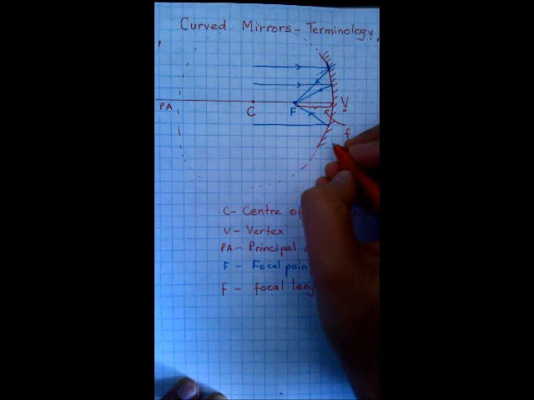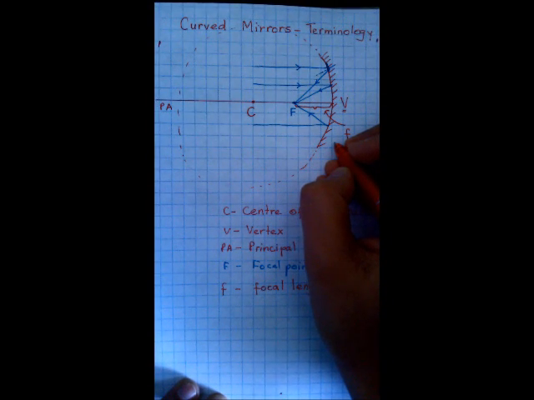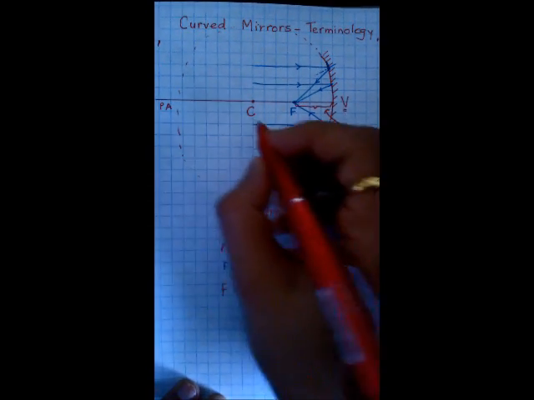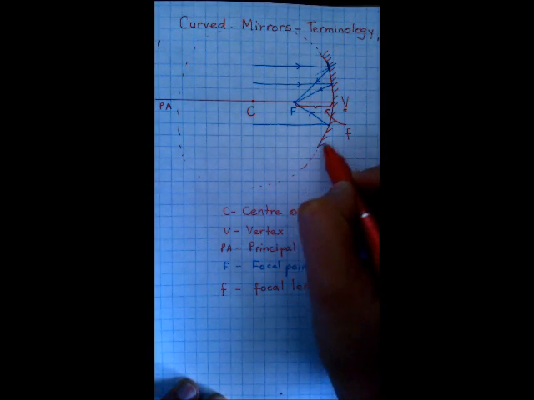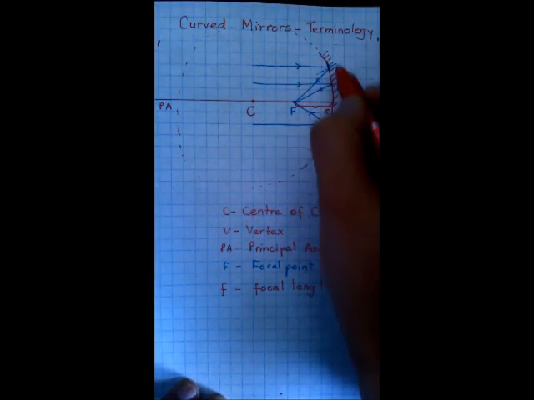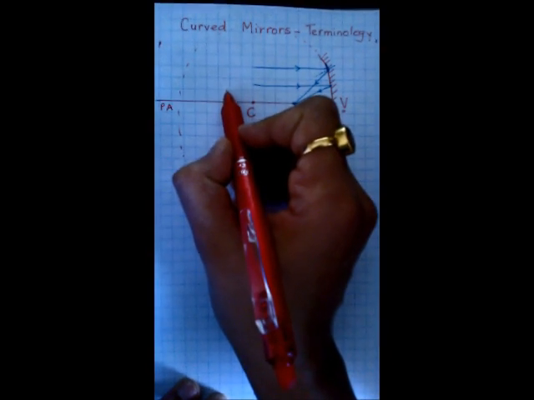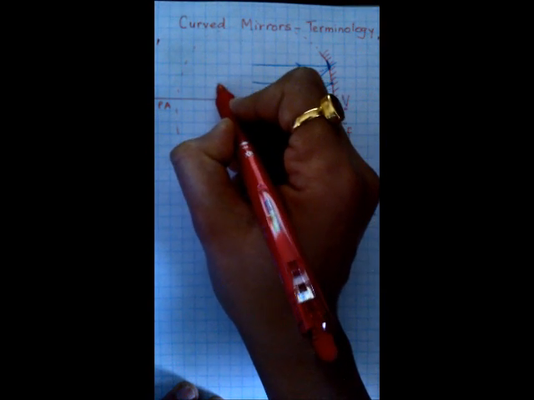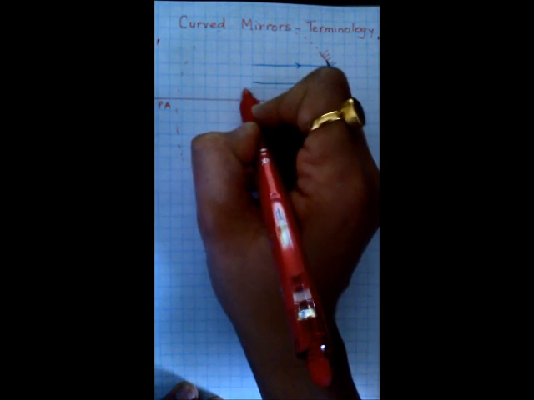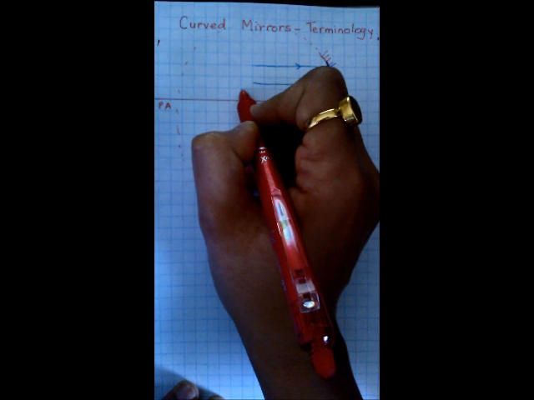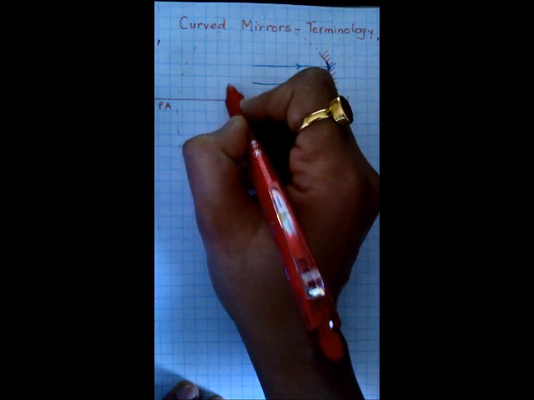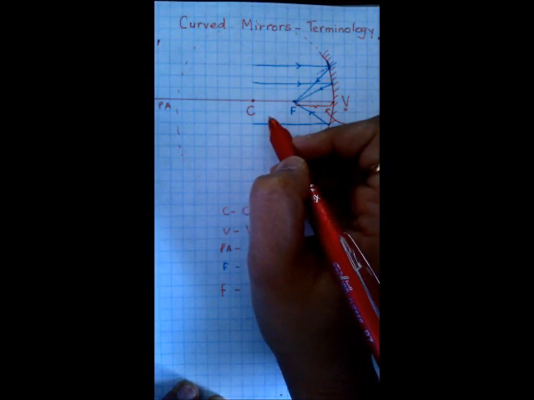What we generally do is represent all objects using an arrowhead. So let's say I had this concave mirror over here placed in front of a tree somewhere here. Okay, I'm not drawing the tree because what we usually do is use an arrowhead to represent any object.